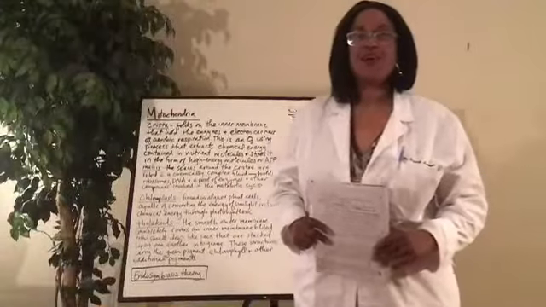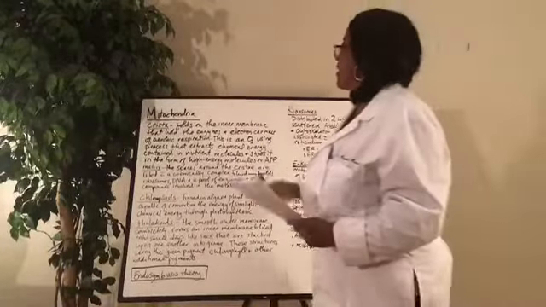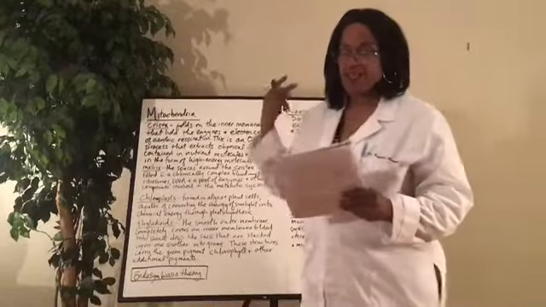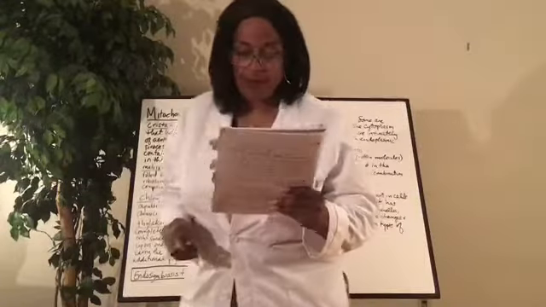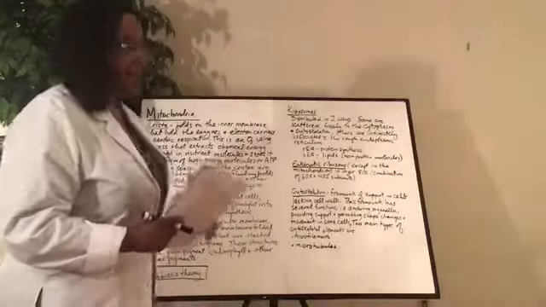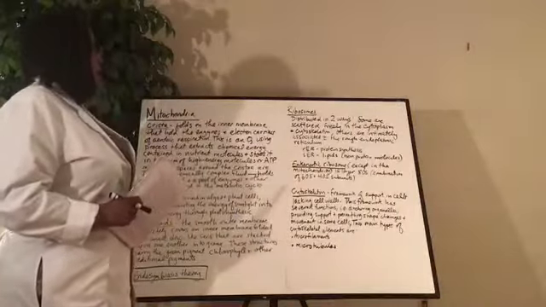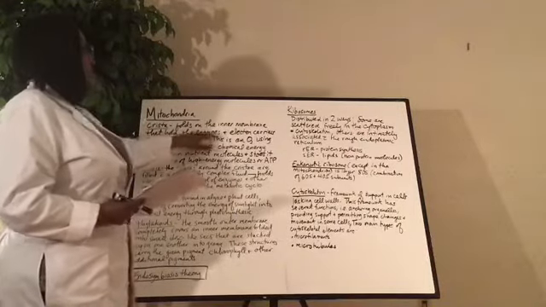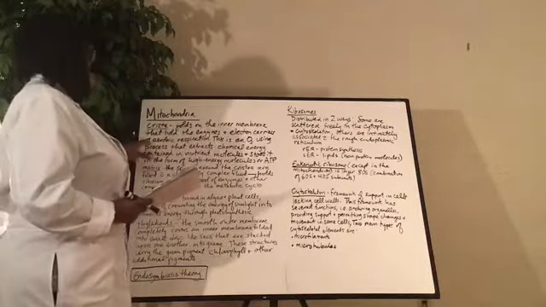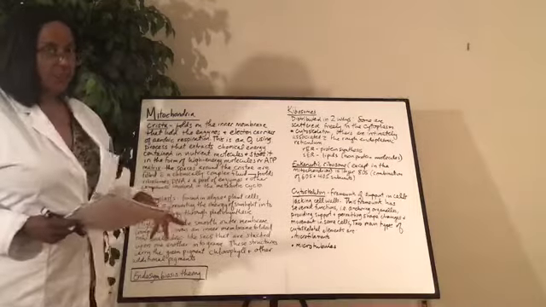Okay, let's talk about mitochondria here. Mitochondria has two major parts to it, right? The cristae, which are the folds on the inner membrane that hold the enzymes and the electron carriers of aerobic respiration.